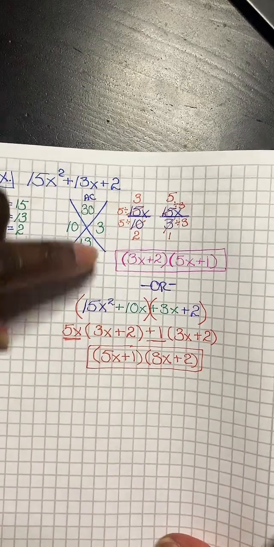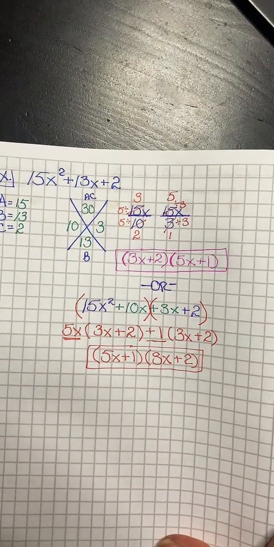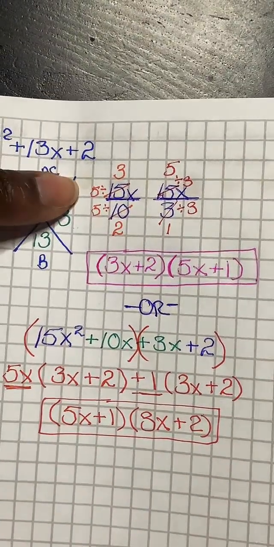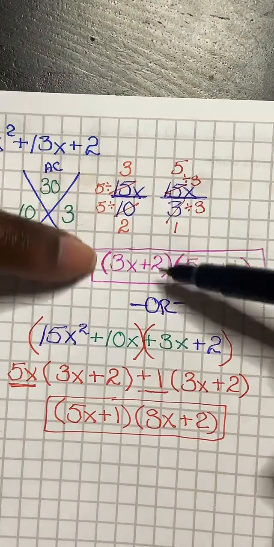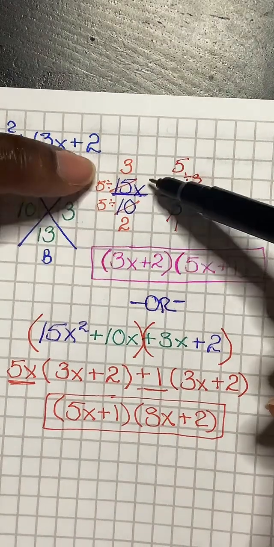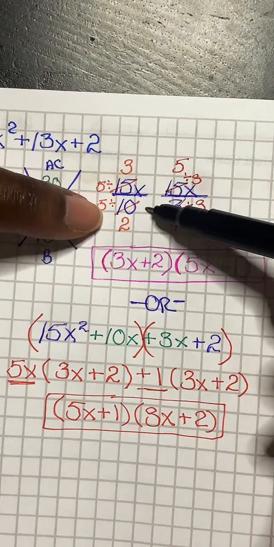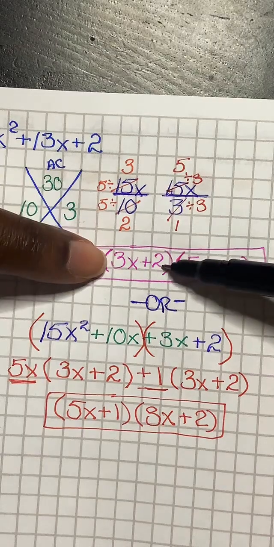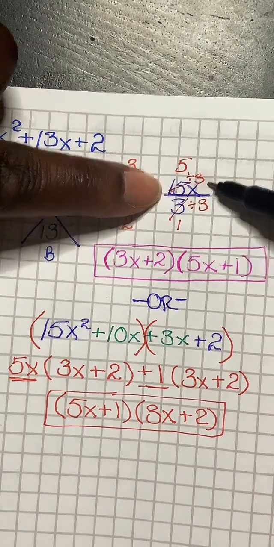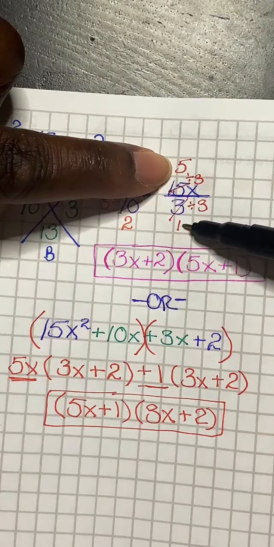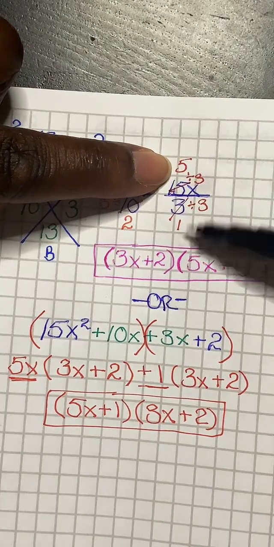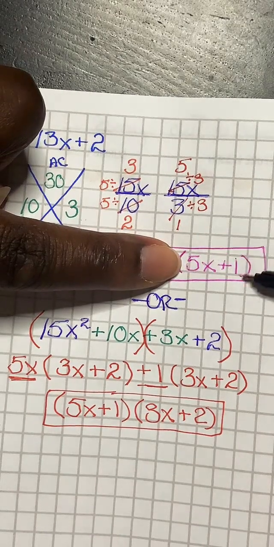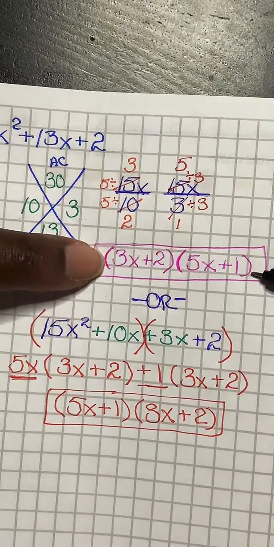Now, if you're talking about the fractions, this first fraction is going to be your first parenthesis. Always start with the numerator, then the denominator. So you'll have your 3x, and since it's a positive 2, you put plus 2. Over here, we simplified and we got a 5 and a 1. So it's a positive 5, so that's 5x, and since it's a positive 1, it's plus 1. And that's how you write your answer.